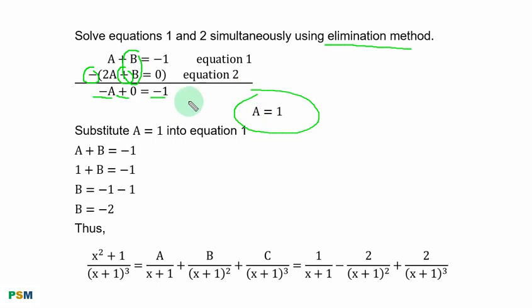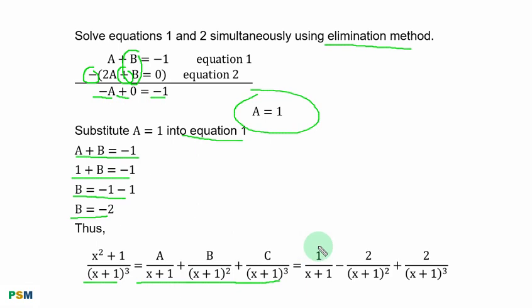To continue, you need to replace A with 1 in any of the equations. I'm using equation 1. This is equation 1. You replace A with 1, and you have B equal to minus 1 minus 1. B becomes minus 2. Thus, the compound fraction that is equal to the partial fractions is obtained by replacing A, B, C with what they stand for.